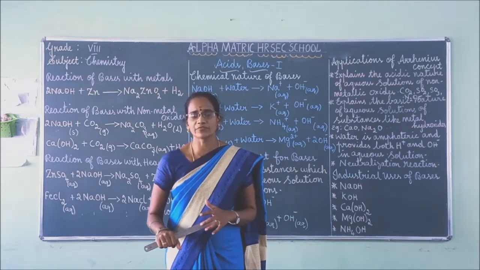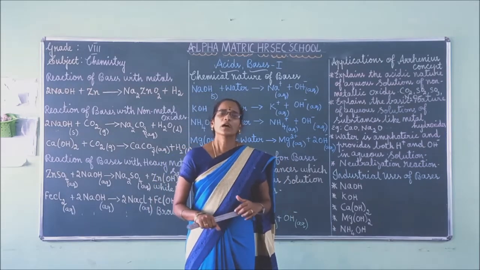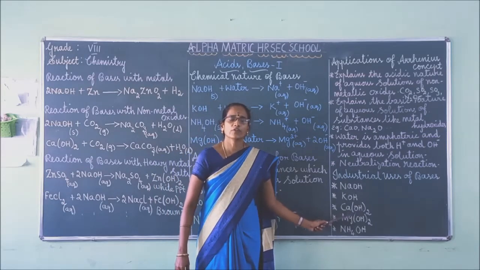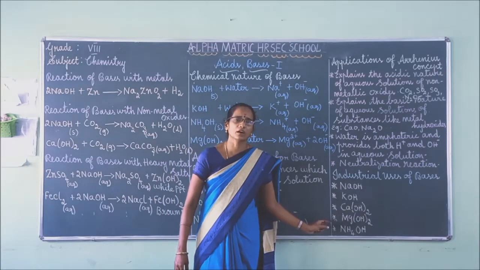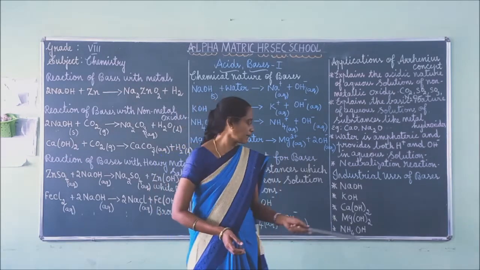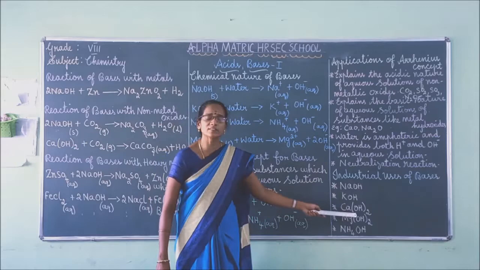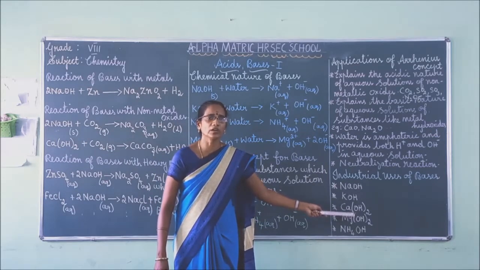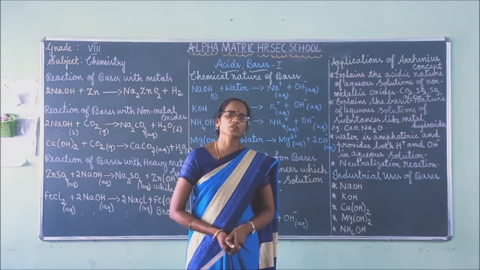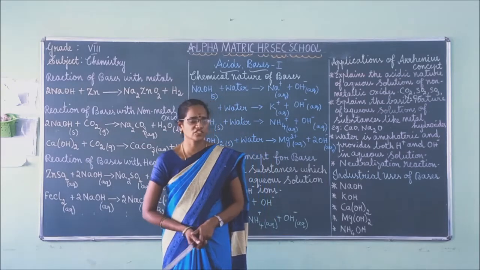It is mainly used for whitewashing, and apart from that, calcium hydroxide is used for the manufacture of bleaching powder, and also as a laboratory reagent.